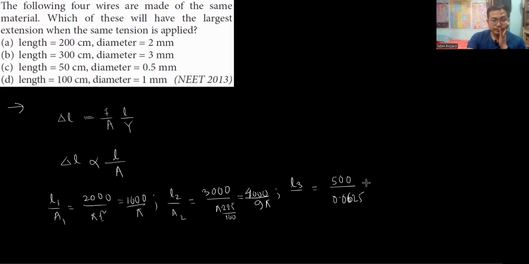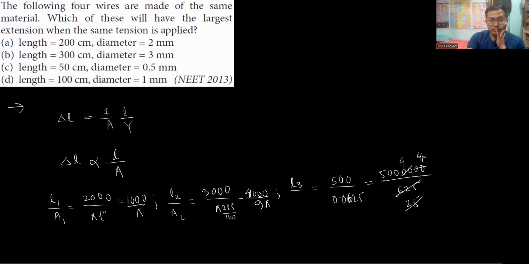So for CCD, 5 1 2, divided by 6 to 5, and 25 into 4.